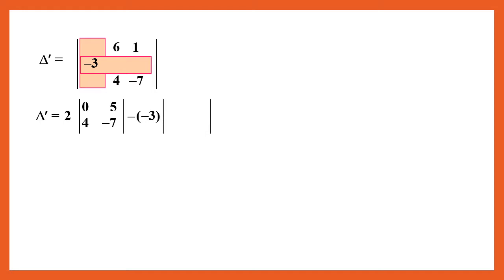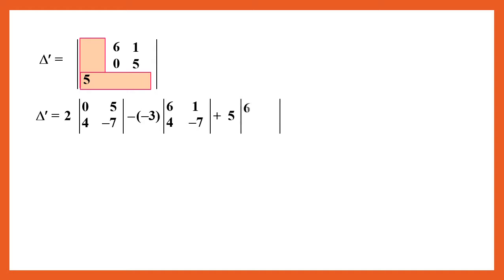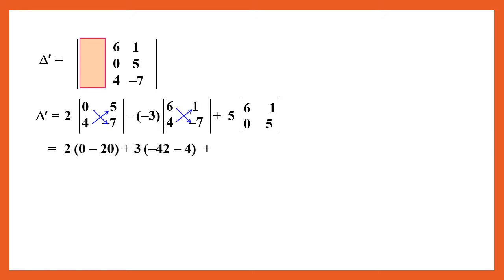Next, minus of minus 3 into 6, 1, 4, minus 7 plus 5 into the determinant 6, 1, 0, 5. Again, on simplifying, we get 2 into 0 minus 20 plus 3 into minus 42 minus 4 plus 5 into 30 minus 0. So on simplifying it further, we are getting minus 28.